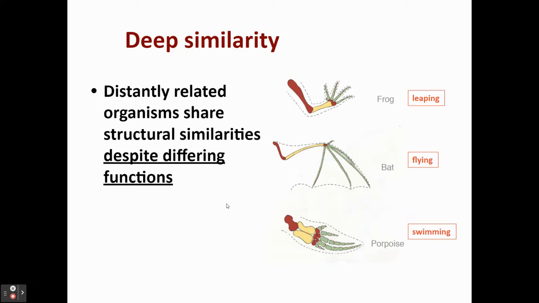That was a piece of evidence for his theory of natural selection, and that all organisms evolved from a common ancestor. Now, Richard Owen, who was deeply religious, said it was the eye of the creator that caused this similarity. But again, we cannot use that in a scientific explanation.